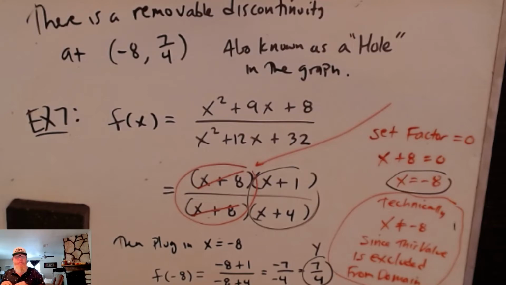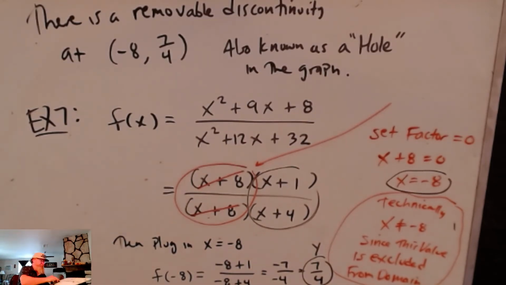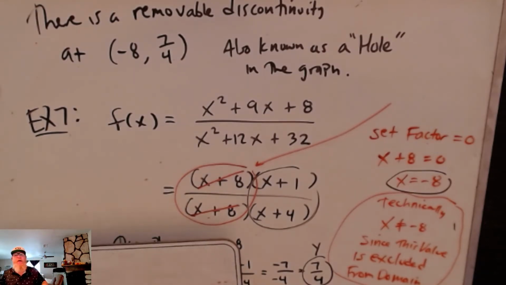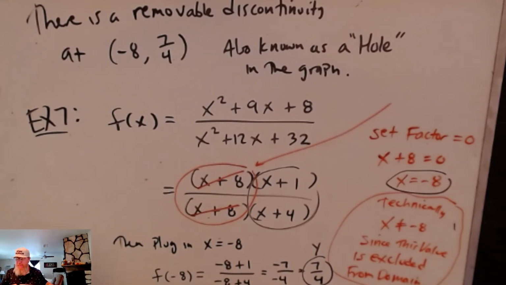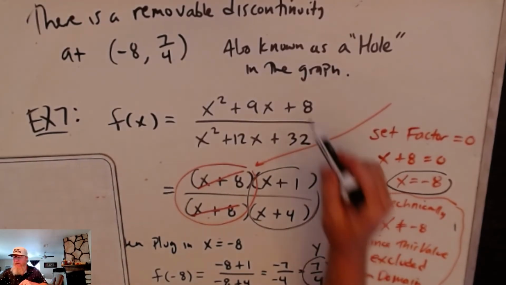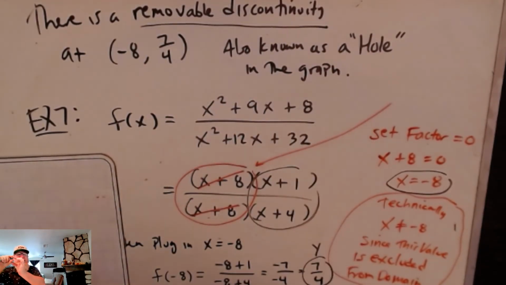We call that a removable discontinuity. It makes a little more sense if you actually draw it all out. So let me just do a rough sketch of what this thing looks like. You'll see why we call it a hole. We call it a removable discontinuity because it's as if that point has been removed from the graph. It's like been plucked out of the graph.